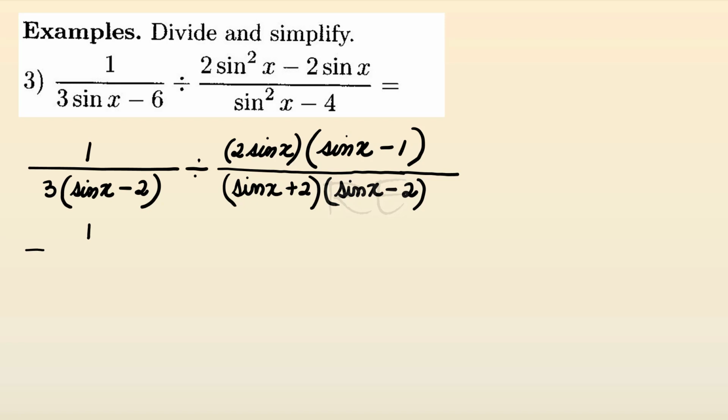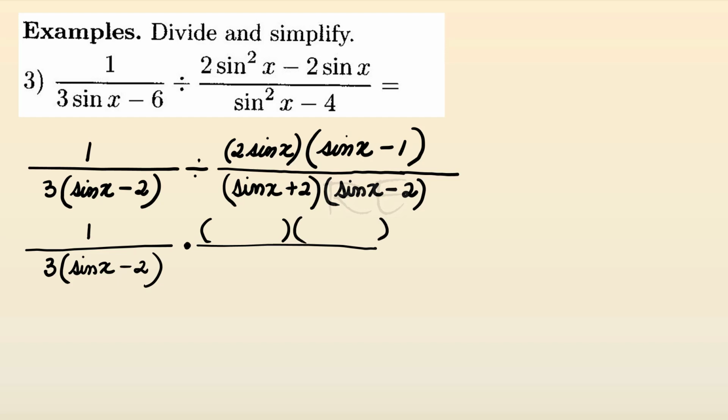Division is multiplication by the reciprocal. 1 over 3 sine x minus 2 will be multiplied by the reciprocal, which will be sine x plus 2 times sine x minus 2 divided by 2 sine x times sine x minus 1.